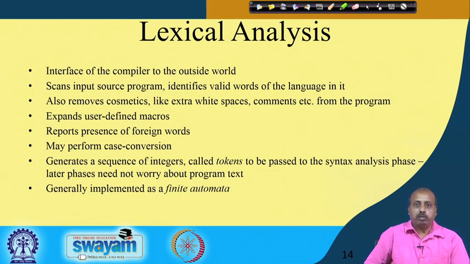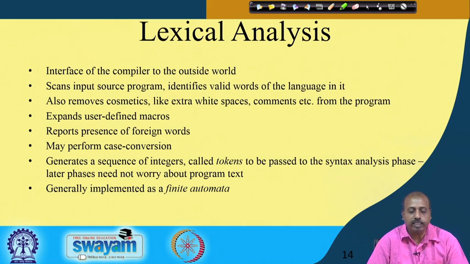Now, if a combination of this alphabet does not make any word of the language, then the lexical analysis phase is supposed to identify that and tell that this word is not known to this particular language. So, that is an error. That is the purpose of the second point that we are discussing: it will scan the input source program and identify the valid words of the language in it.